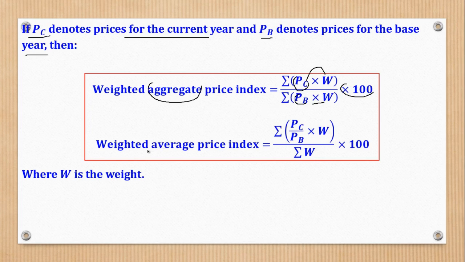Then for the weighted average price index, we sum up the ratio of the prices in the current year to those in the base year multiplied by their corresponding weights, over the summation of all the weights. So in the question they will have to give you the weights and the prices in the current year and also the prices in the base year.